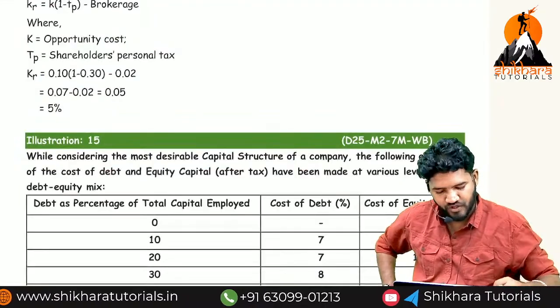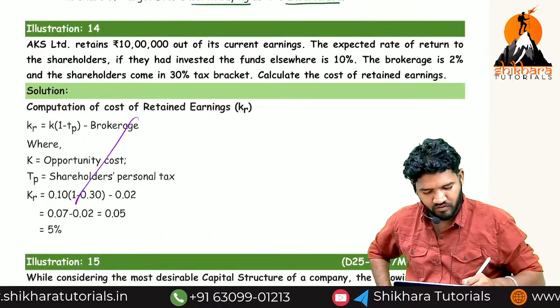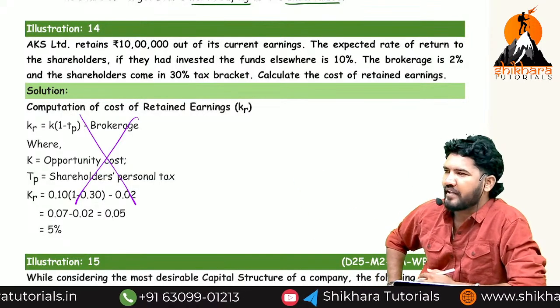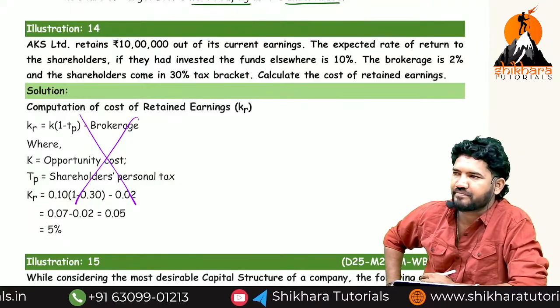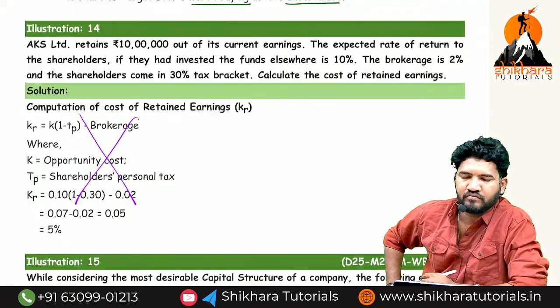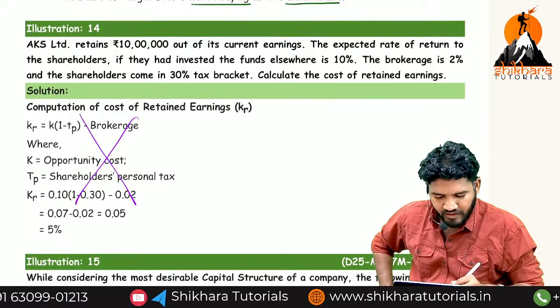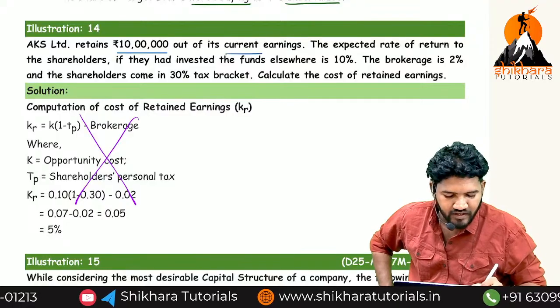Now open illustration number 14. Cancel the answer I provided in the material. That is a wrong answer, wrong calculation. Now what is the right calculation? See, AKS Limited retains 10 lakh out of its current earnings.